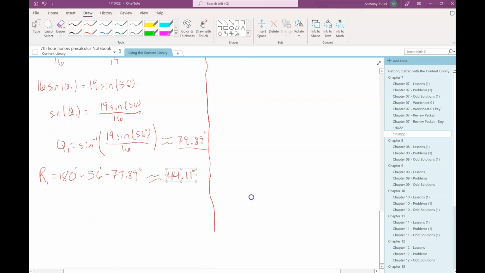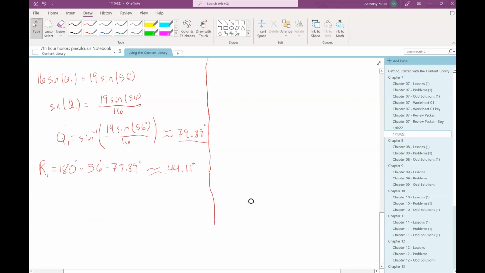And now that I know one of either the angle or the side for R, I can use the law of sines to find the other piece. So again, I'll start with sine P over P equals sine of R1, angle R1, I should say, over R1.